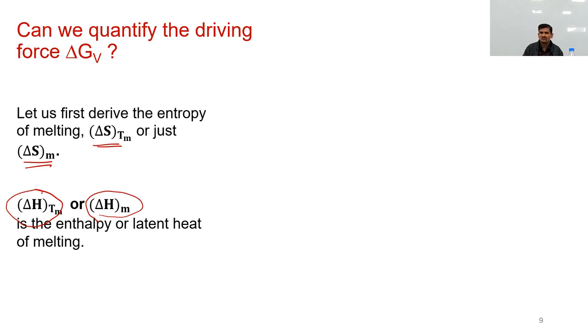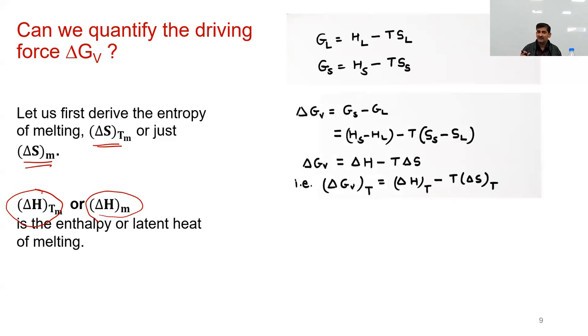So this is the basic terminology. Now we'll just do the usual thermodynamic equations. I'm pretty sure you might already know it, but let's go through it. Let us define the free energy of liquid, GL, as HL minus T SL, where HL is the enthalpy of liquid and SL is the entropy of liquid. Likewise, we can define the free energy of the solid, GS, as HS minus T SS. If there is a driving force delta GV, that driving force is the difference in free energy between solid and liquid. So it is GS minus GL, which can be written as a term consisting of the enthalpy difference and the entropy difference.